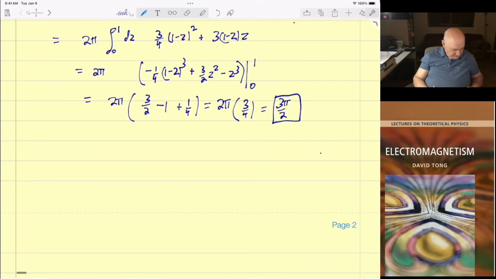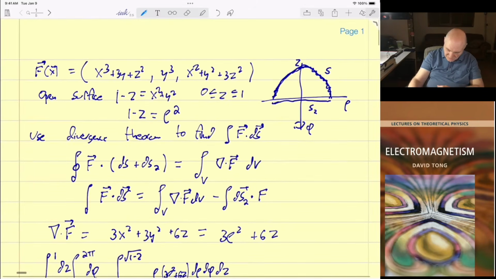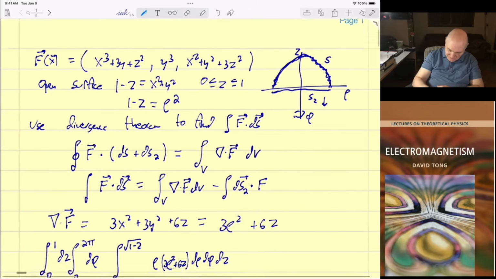Now let's do the other integral, the bottom surface, the surface integral over S2 of f dot dS2. On the surface S2, the outward normal is in this direction, and it's just minus z caret.